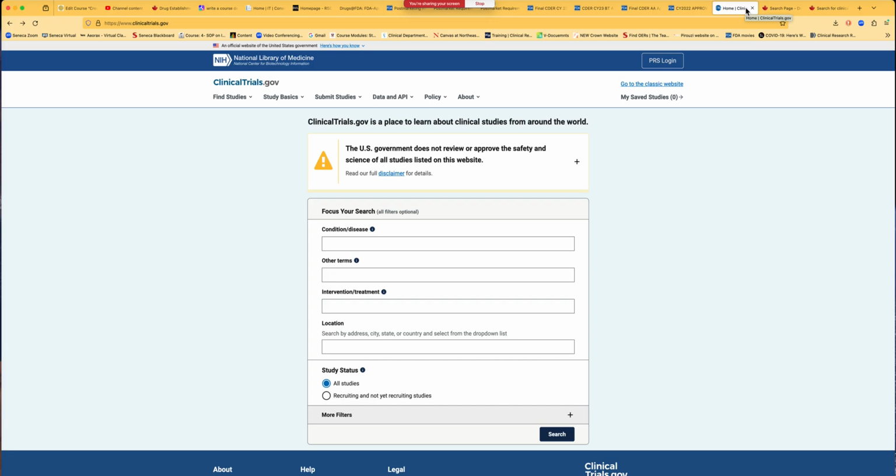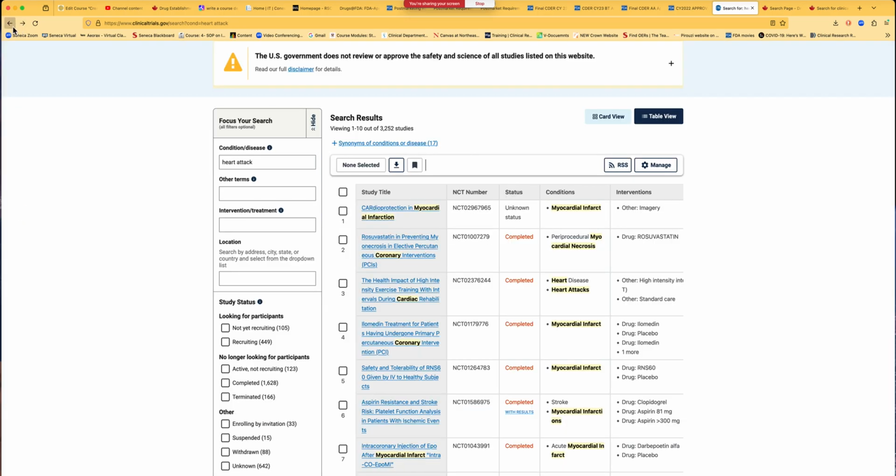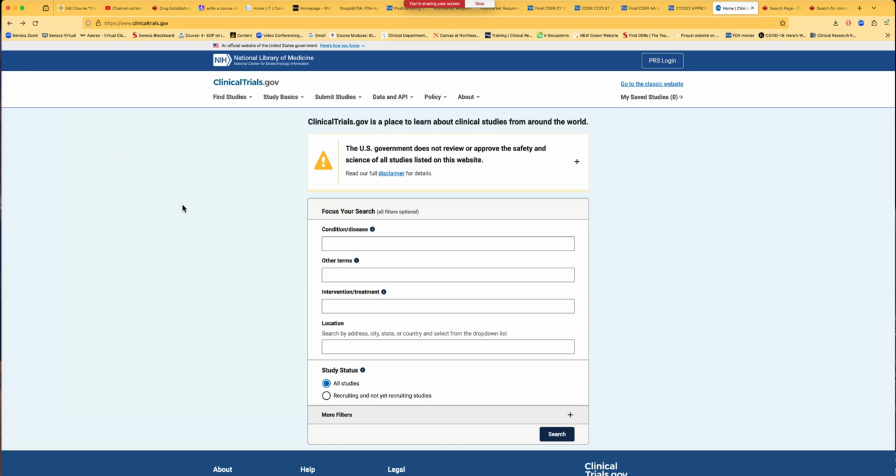Now let's go over again how clinicaltrials.gov works. Okay, so here what I did, I will go back again, is that I just wrote the condition of disease. This is just a search box. You can search by location. You can look into what studies are taking place in your own region.